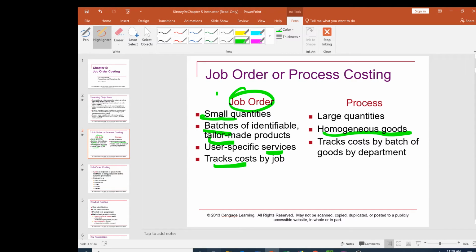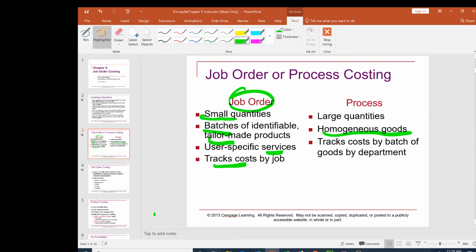Anytime you have something custom made, we used to have our business cards printed at a print press. But now you can print out your own business cards. Anyhow, job order.